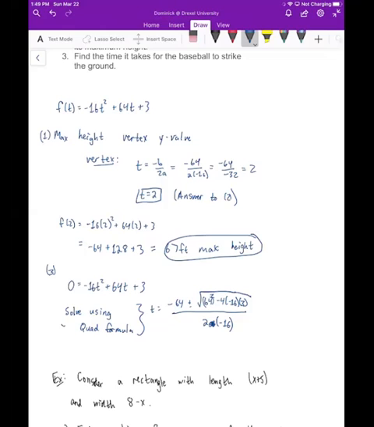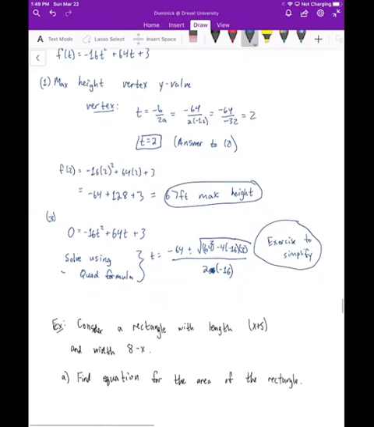Right? So this is going to be quite the mess to find. So we're going to leave it as an exercise to simplify, just for time's sake of this video. But that's sort of what you would need to do in order to find it.